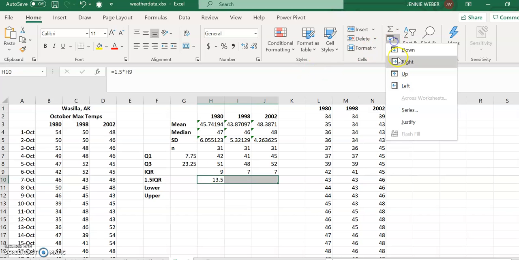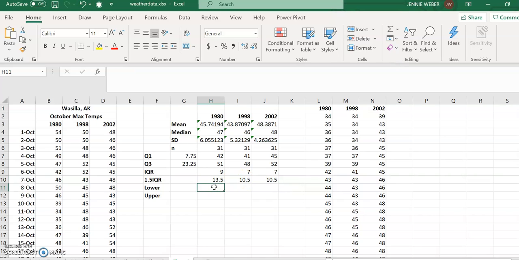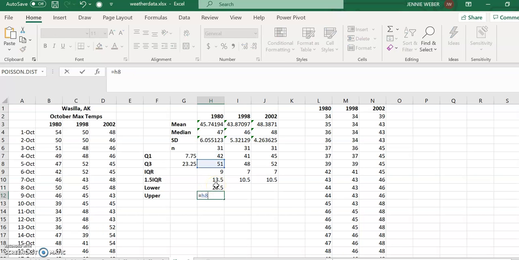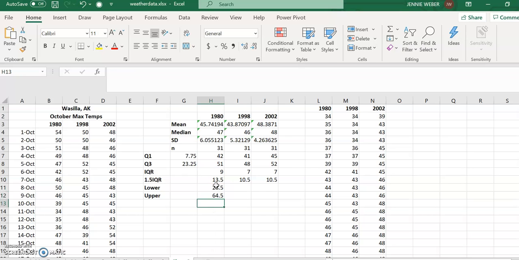Then what's going to differentiate what's an outlier or not is, I'm going to take quartile 1, in this case H7, and subtract this value, this 13.5, and then the upper is going to be my quartile 3, H8, plus this value, H10, okay?